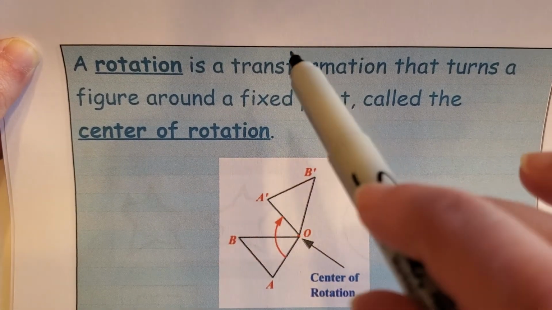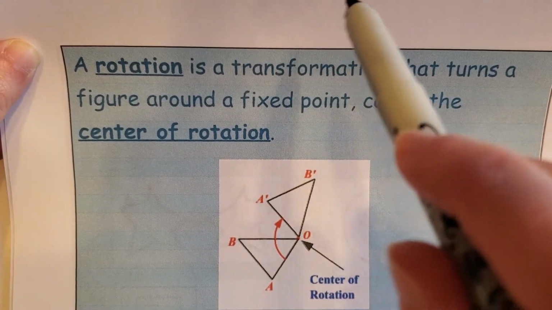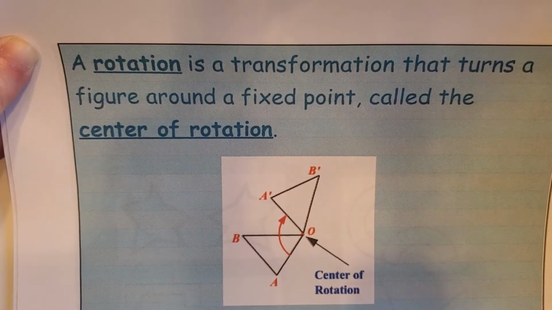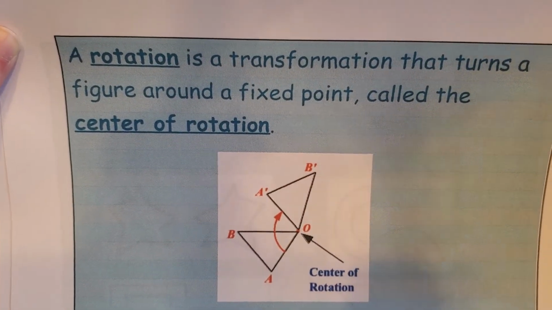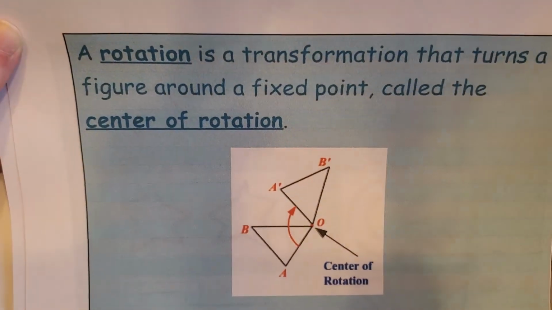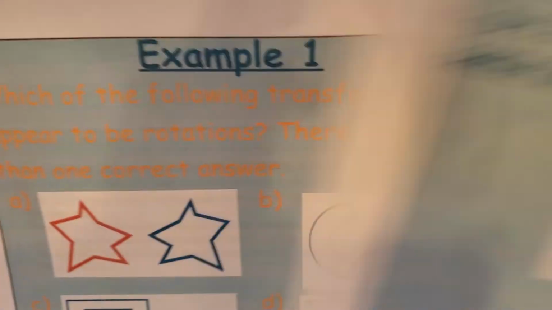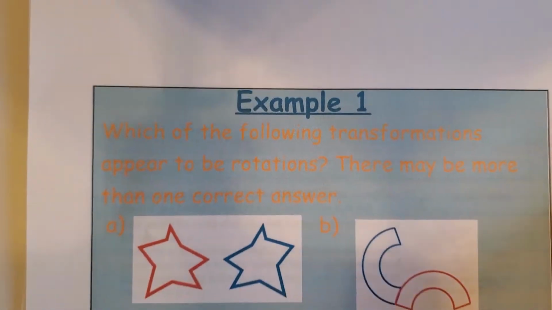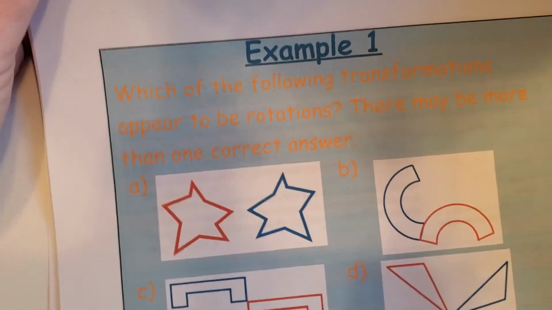A full 180 is halfway around. That's how we talk about rotations: around a certain point and a certain number of degrees around said point.